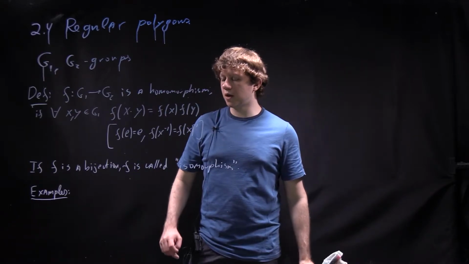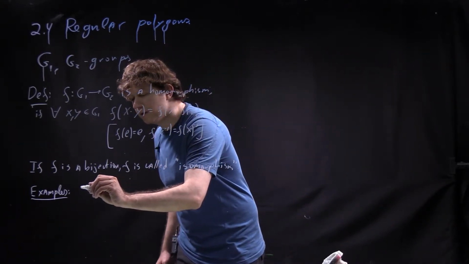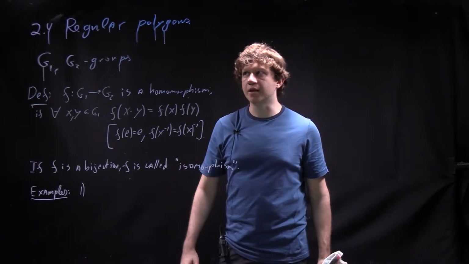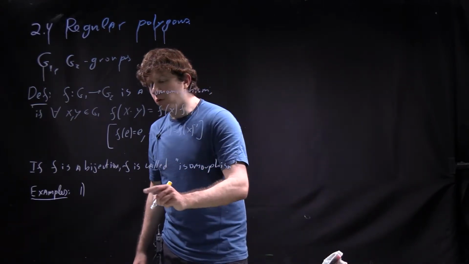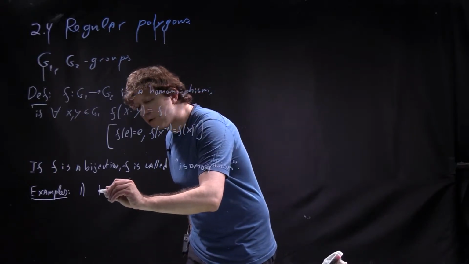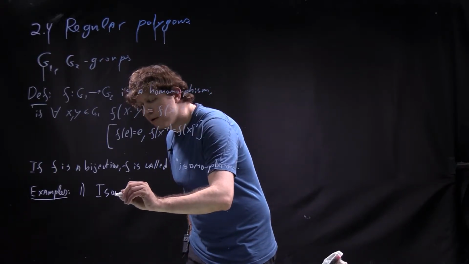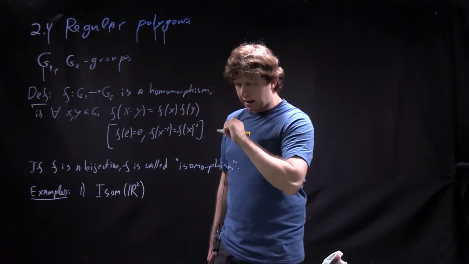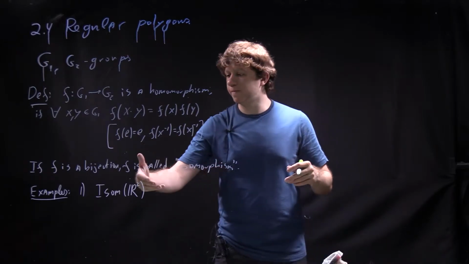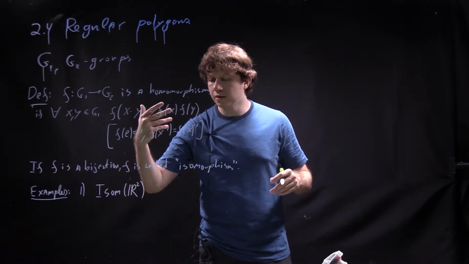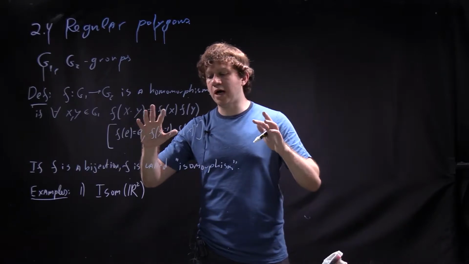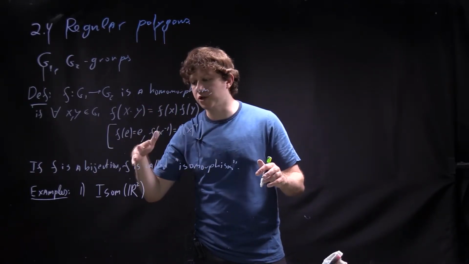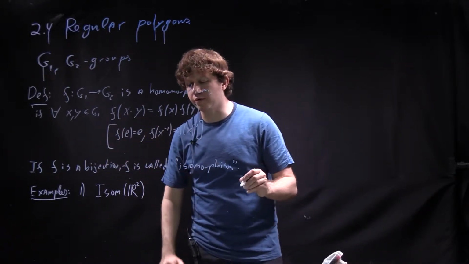Maybe the first example might be the one we discussed in the previous lecture. Consider the group Isom of R2. I said that all isometries are classified into two types. One of them is called orientation preserving, the other orientation reversing.